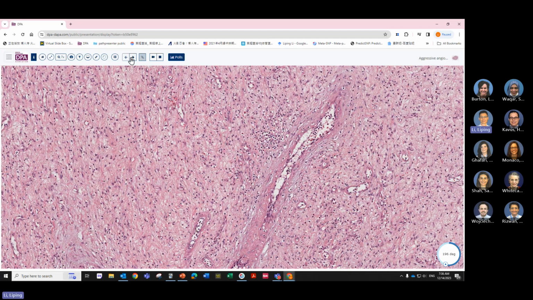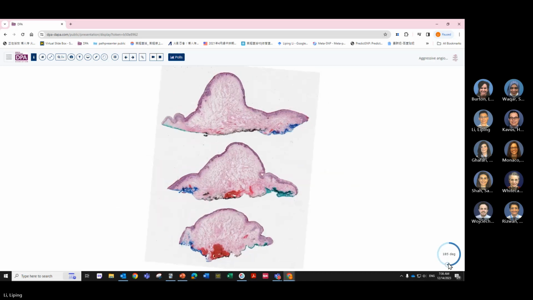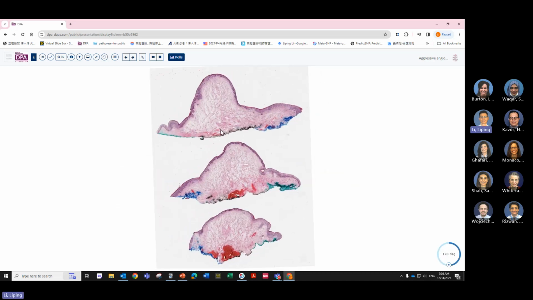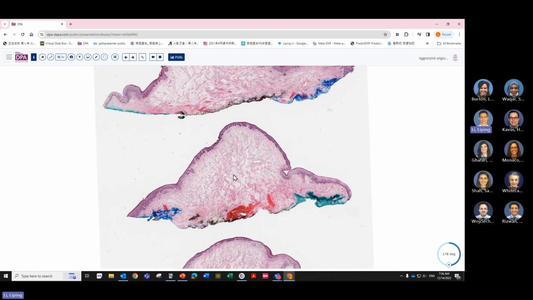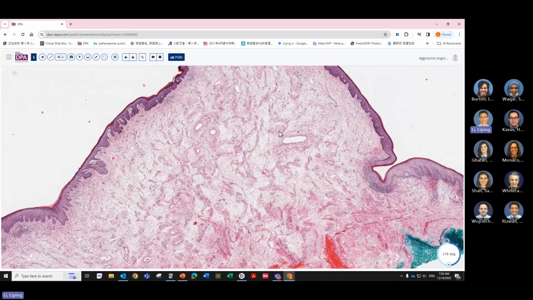So let's see another one. As I mentioned before, even in low power, we know this is hypocellular, and really edematous, not really myxoid looking, not really blue. And then big vessels with this hyalinized wall.